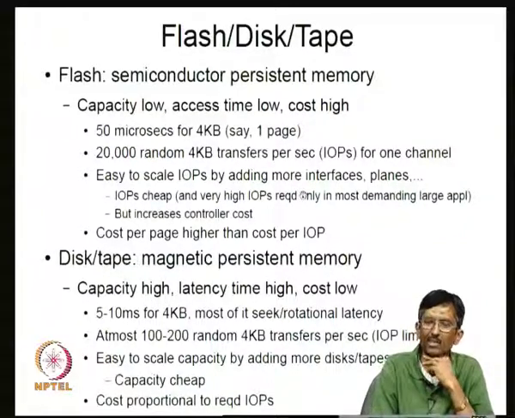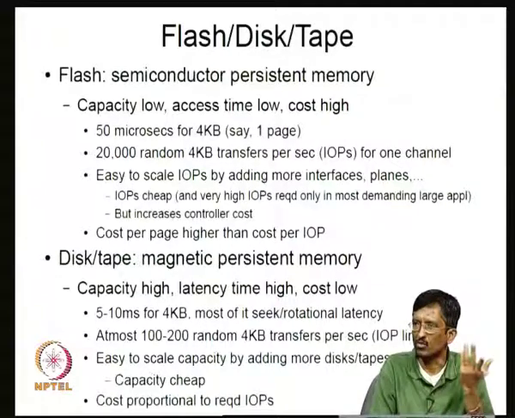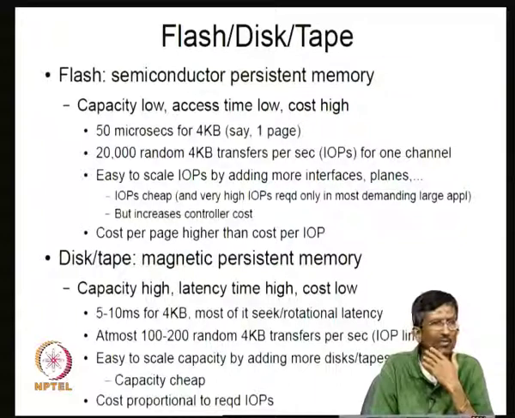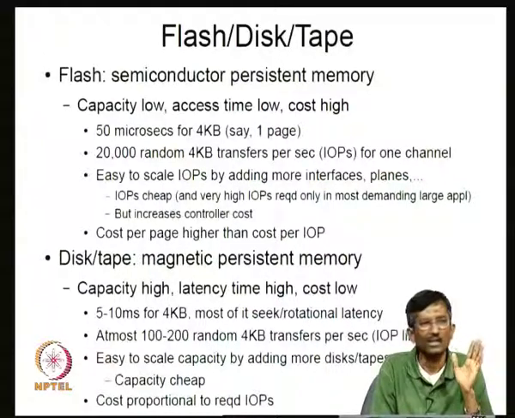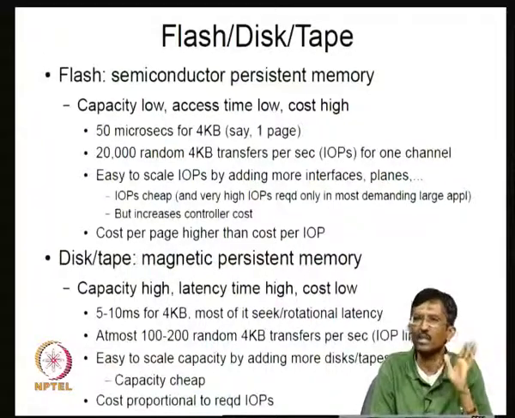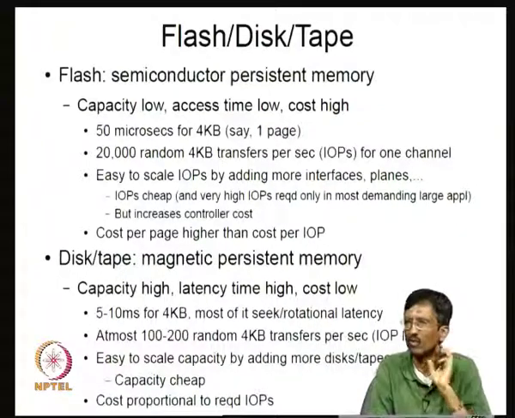A good example is some web service, for example World Football or Cricinfo, those kinds of sites. There are thousands or millions of people accessing it. For those sites, there is a very high rate at which information is pulled out. For them, IOPS is important.